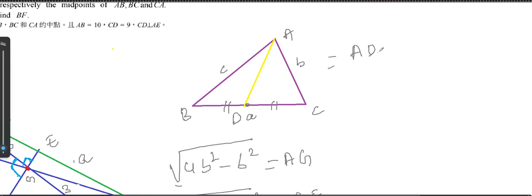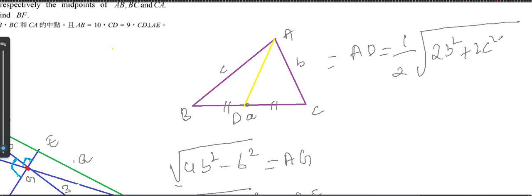In short, without loss of generality, AD is going to be equal to half of square root of 2b square plus 2c square minus a square.